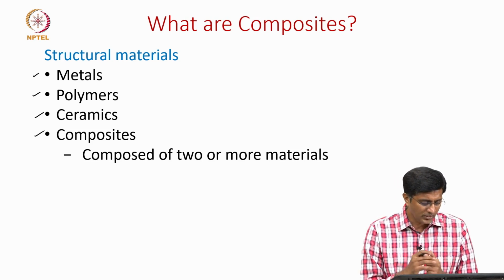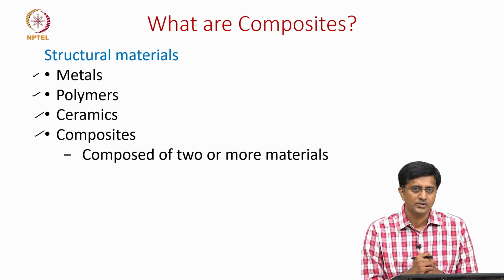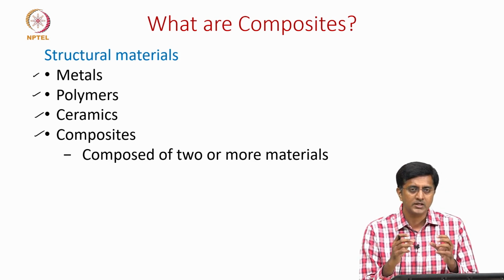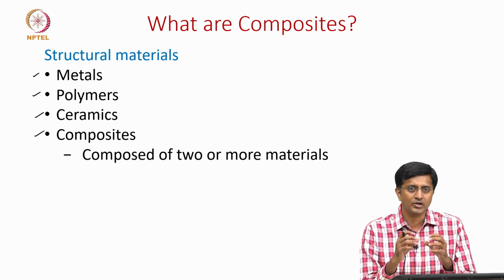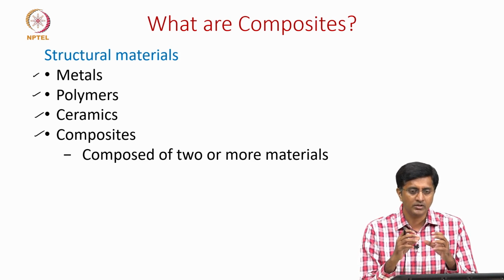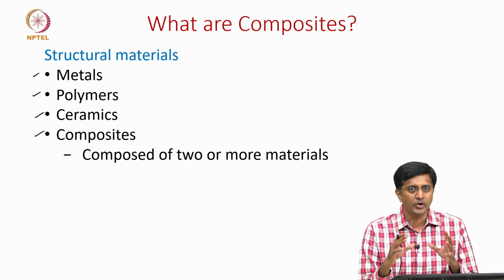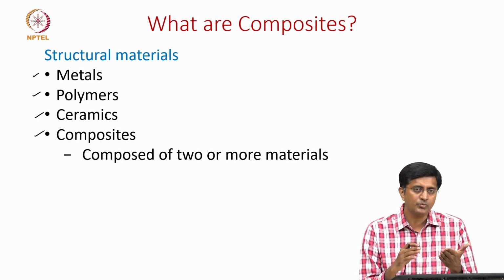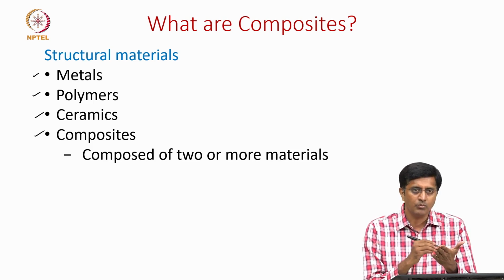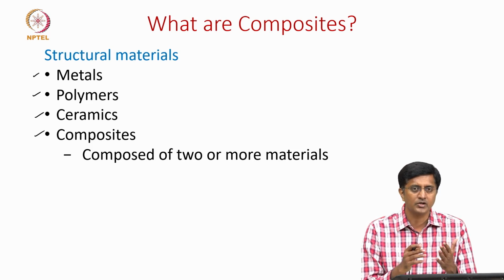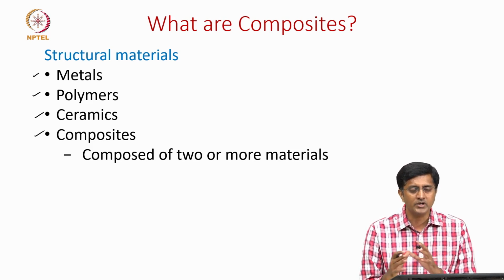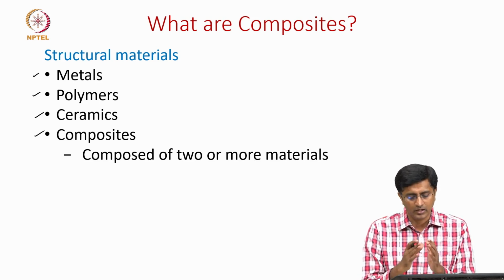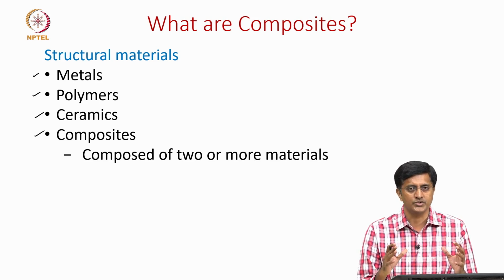But how do we distinguish composites? We say these 2 materials are either physically or chemically separate, meaning in most cases visually one should be able to see both these materials when we look at the composite. But what happened is in the last 1 or 2 decades we have expanded our horizon of composites.